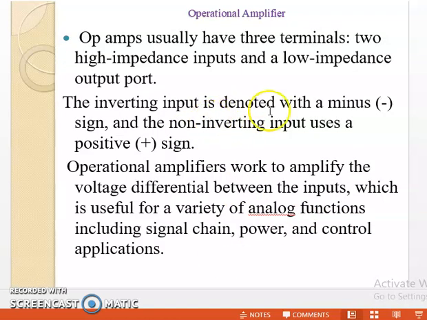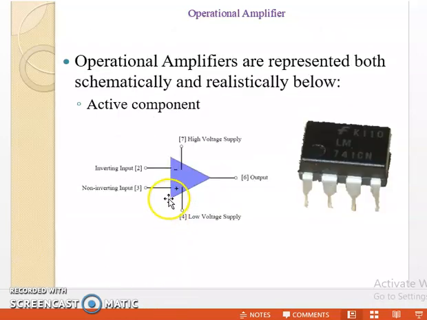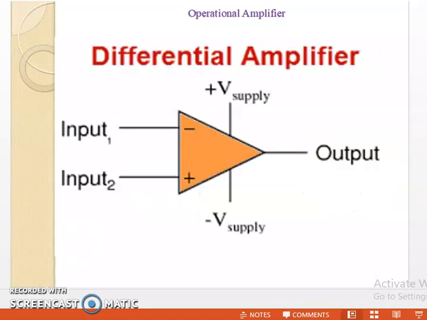The inverting input is denoted by a minus sign and the non-inverting input is denoted by a plus sign. Like this: input 1, input 2. It is the inverting input, it is the non-inverting input, and this is the output. Here the positive supply means high voltage, the negative supply means low voltage.